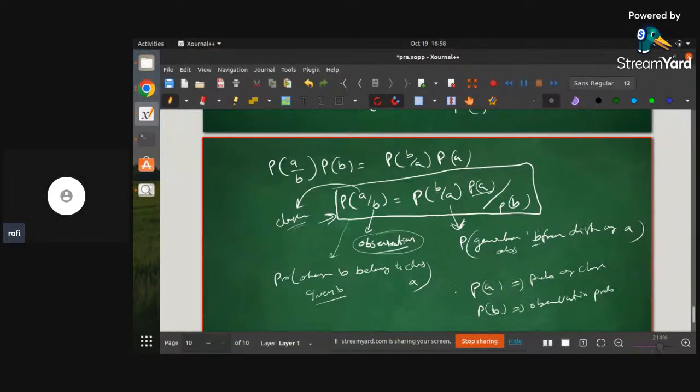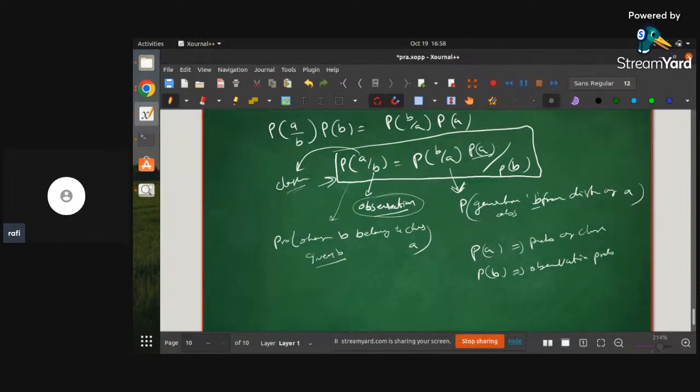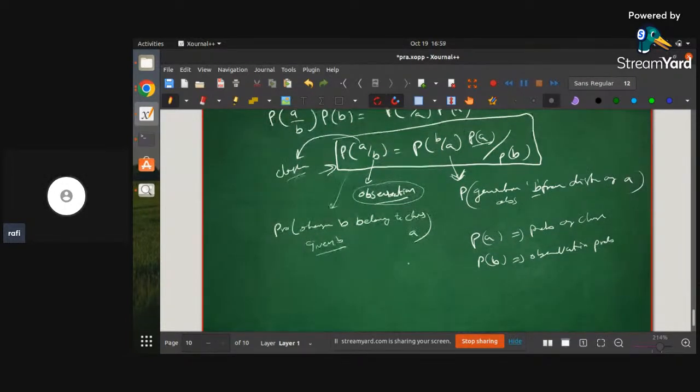Now some terms we use in general pattern recognition or machine learning terminology. The probability of the class given B is called the posterior probability.